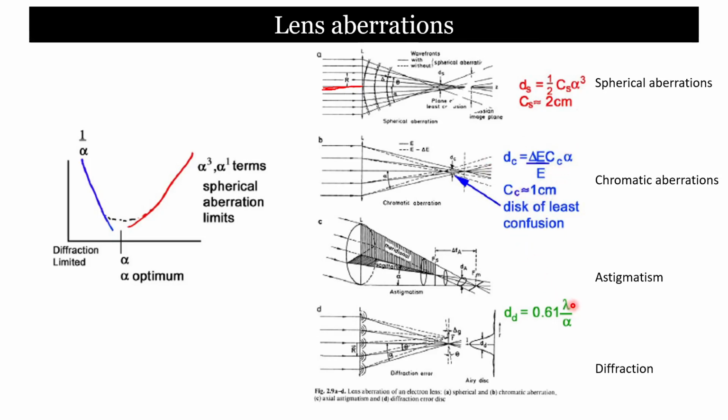And later we have the astigmatism. This also we discussed in optical microscopy, where two rays coming perpendicular to each other get focused at different points, like these two longitudinal rays and these other two rays. This causes dragging in the image, and this is known as astigmatism.